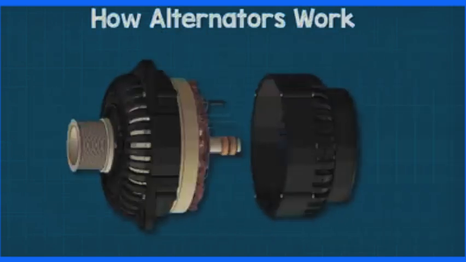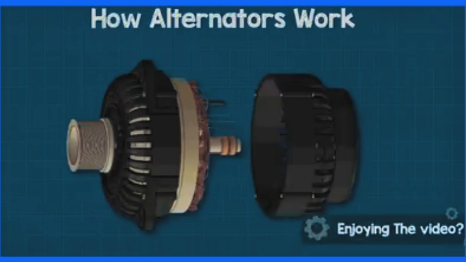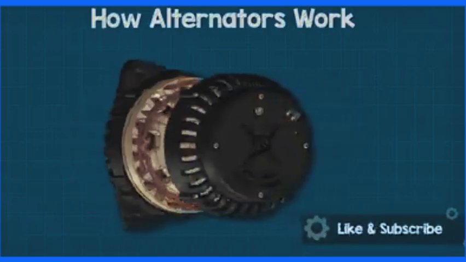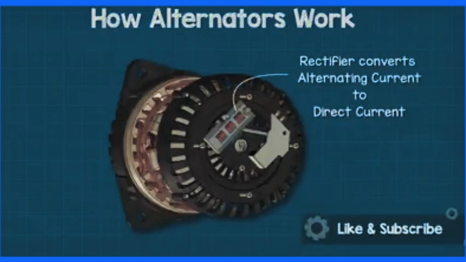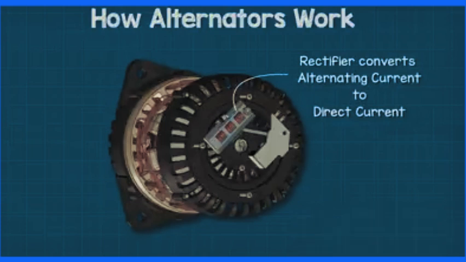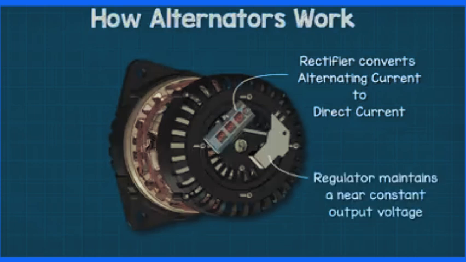So, the alternator converts the alternating current into direct current via a rectifier. The output voltage of the alternator varies with the speed of the car. So the alternator also uses a regulator to limit this and maintain a near constant output.